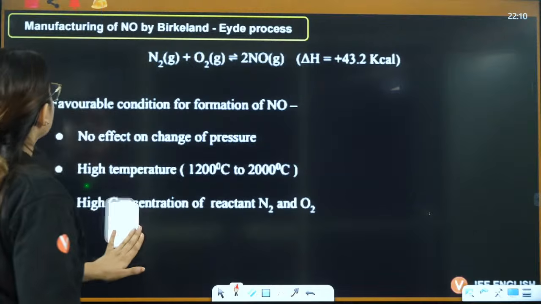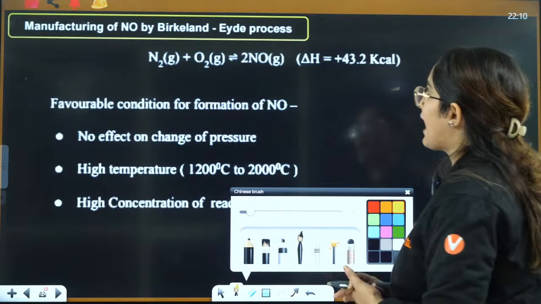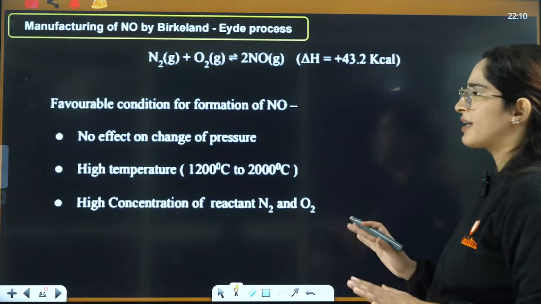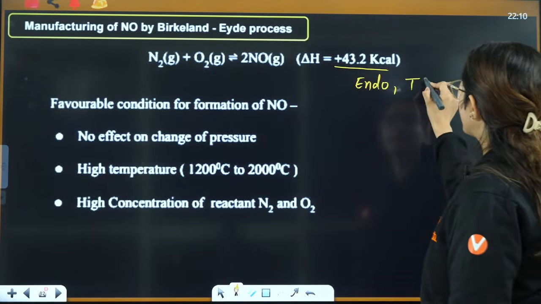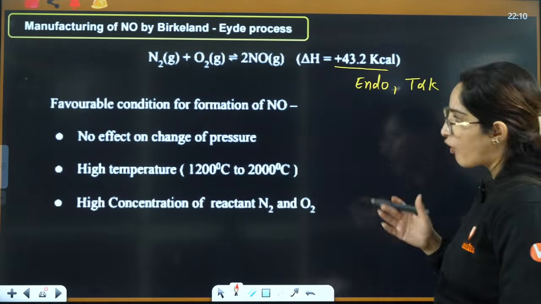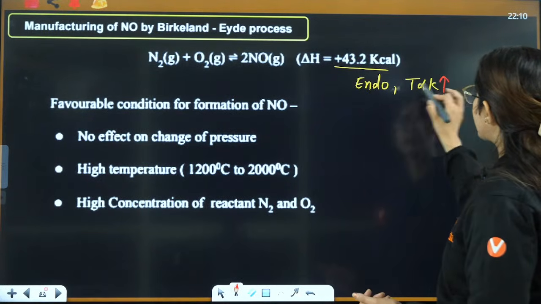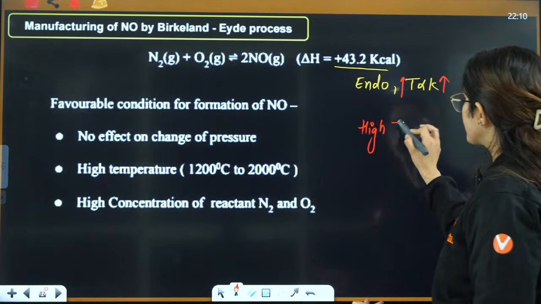Then there is the Birkeland-Eyde process. Again, just remember that this is endothermic, so it is directly proportional. If you want to move in the forward direction, you need to increase this, that means temperature will be more. So you need high temperature here.